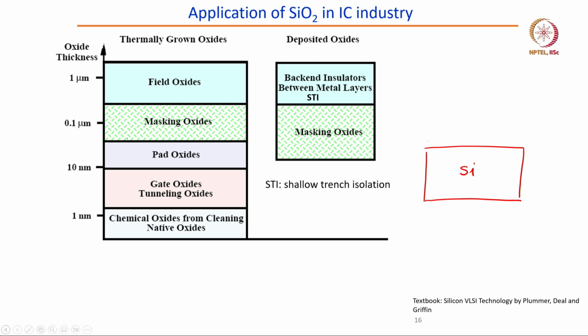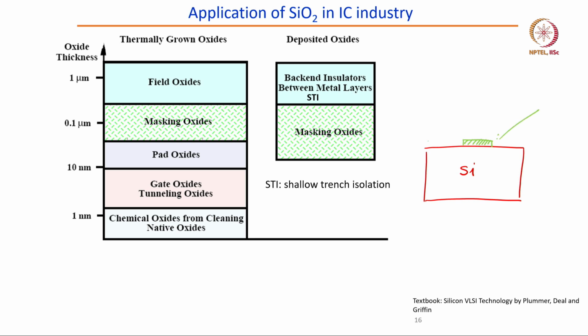Now, just quickly giving an example of gate oxide. We use a thin layer of gate oxide. If you remember the MOSFET, a thin layer of gate oxide is used on which the gate is formed.